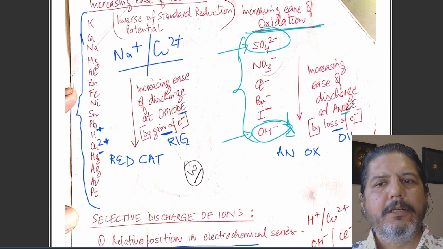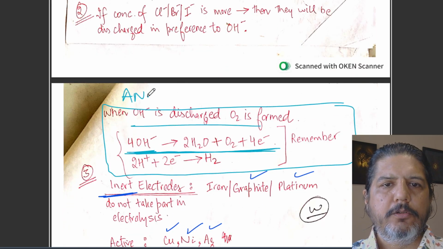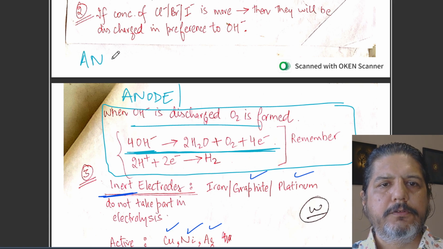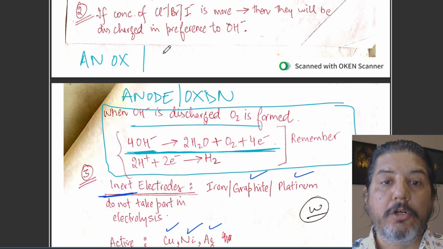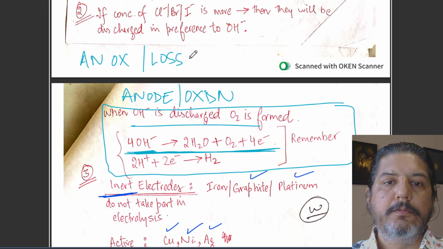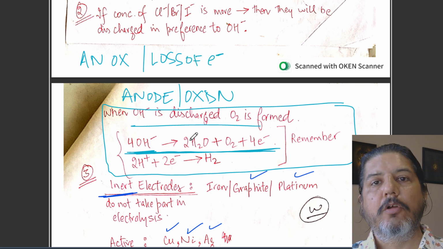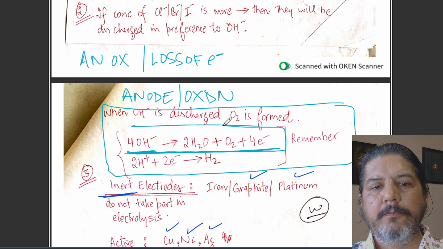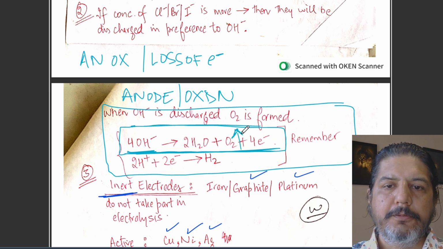At the anode, there will be a loss of electrons because at the anode, we have said AN OX. So at the anode, oxidation will take place. Oxidation is loss of electrons. When there is a loss of electrons, this equation will always be there. So hydroxide will always get discharged using this equation. And remember, whenever hydroxide gets discharged, oxygen will be formed.